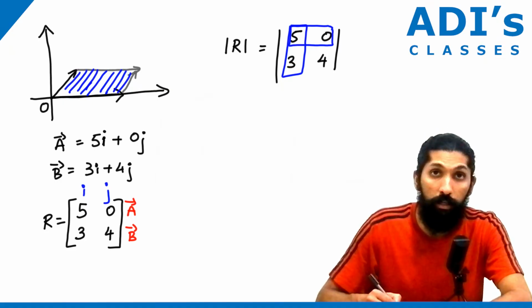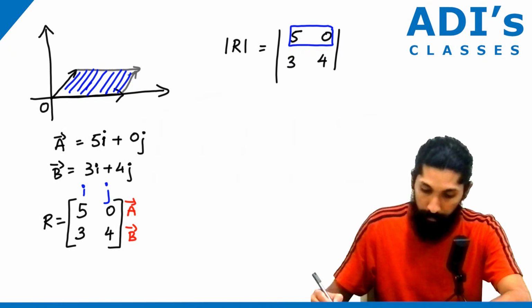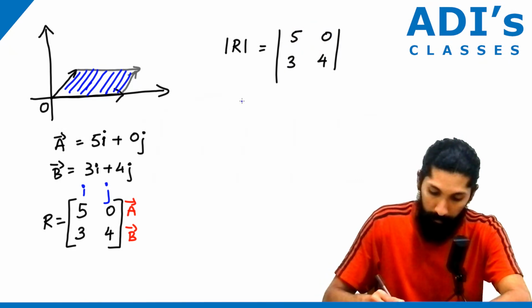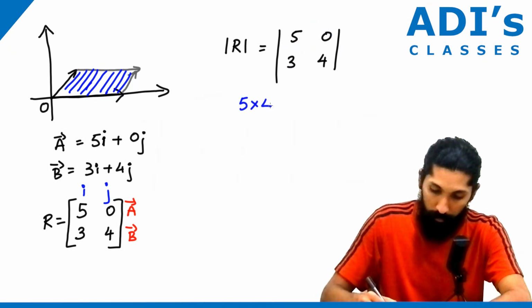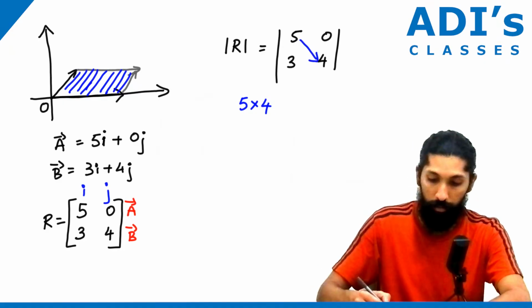So what is the remaining element? 4, correct? So we take it as 5 times 4.